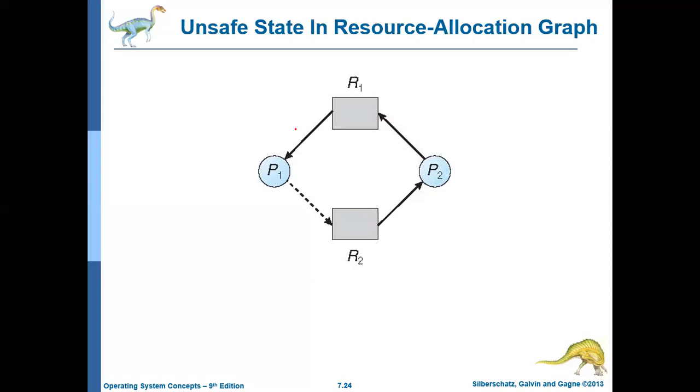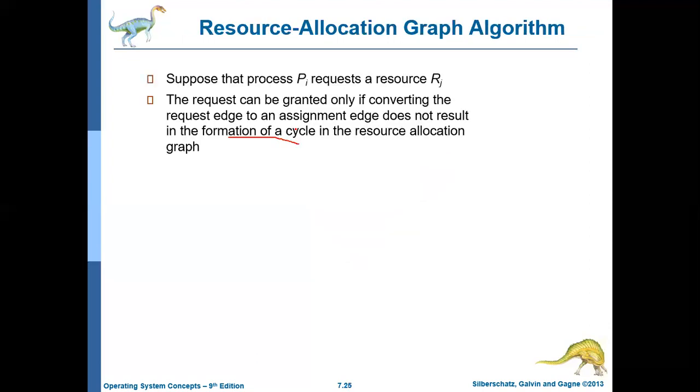In a safe state, there is no deadlock. The deadlock avoidance algorithm ensures that the system will never enter an unsafe state. And we have also discussed how deadlock can be avoided using the resource allocation graph algorithm.